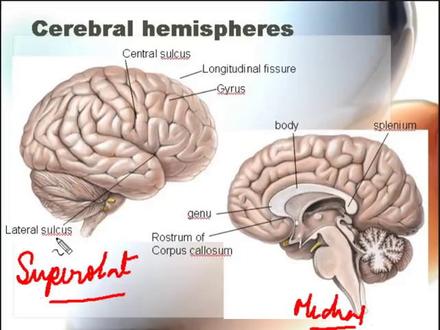A single one is known as a sulcus, and certain prominent sulci are the central sulcus, which is present pretty much in the center of the cerebrum, and then we have this lateral sulcus. This is actually called the posterior limb of the lateral sulcus. And we use some of these sulci to divide the hemisphere into lobes. We will be doing the other sulci which are present on the medial aspect too.